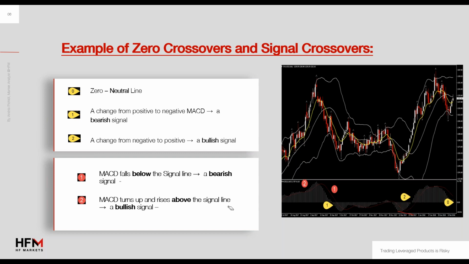Bearish signals are when you see both lines extending southwards, so both the histogram and the signal line are below zero and keep extending lower, or when both of them are above zero but start pointing downwards with the histogram turning below the signal line.